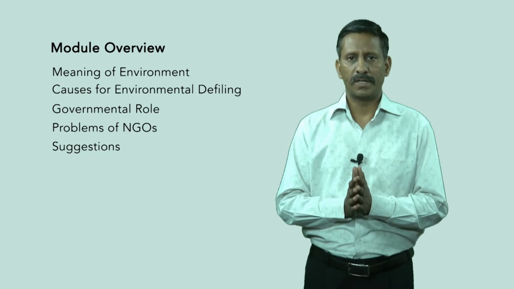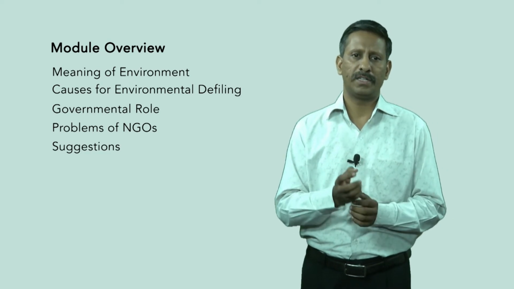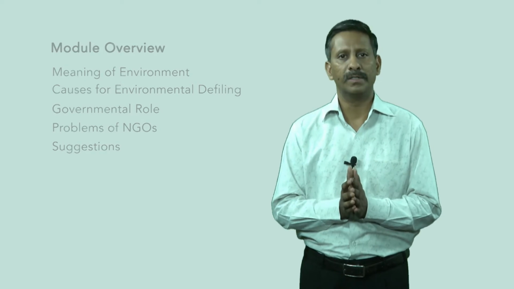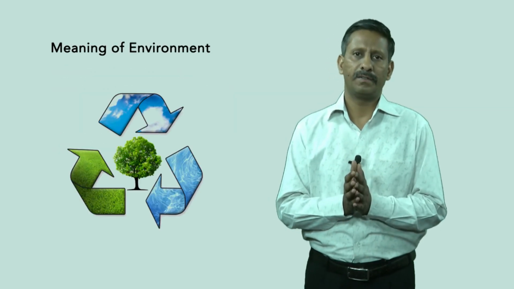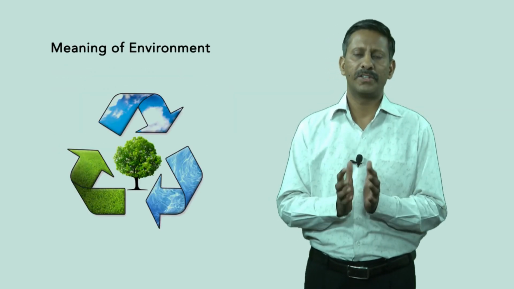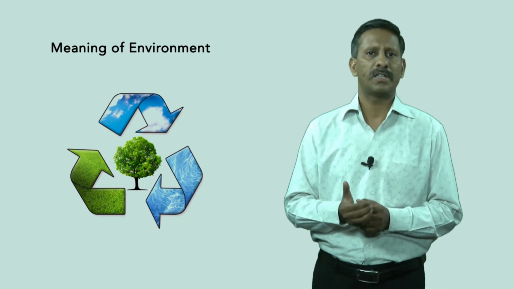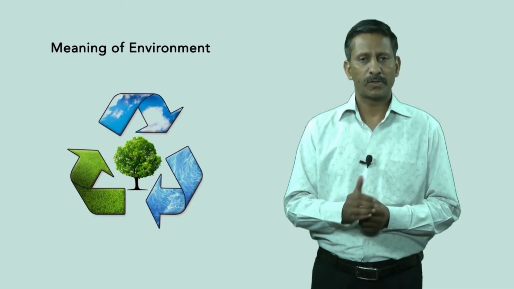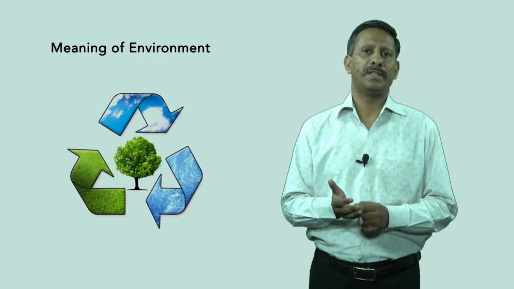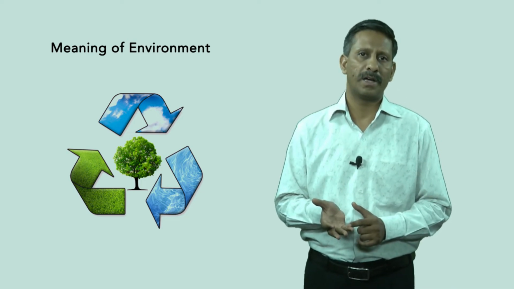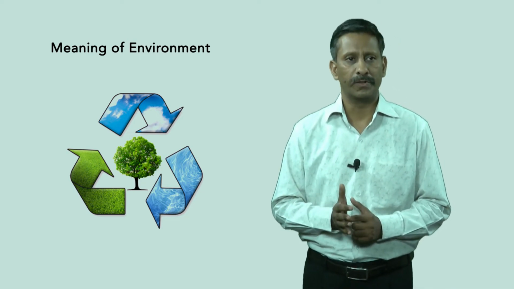Okay. So, let us try first of all with the very meaning, the scope, the dimension, the ambit of environment. Now, if you try to gauge the dimension of environment, environment is anything that surrounds me or that surrounds you. Anything that is around you, it may be a living thing, it may be a non-living thing, it may be biotic, it may be abiotic, it is anything that is surrounding you.